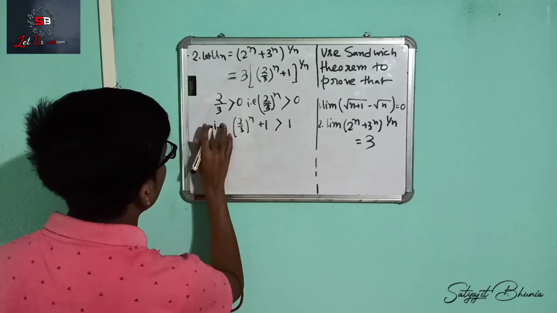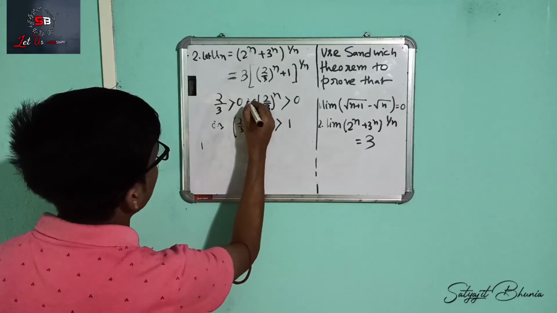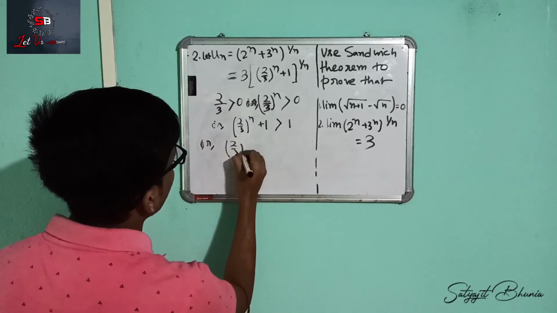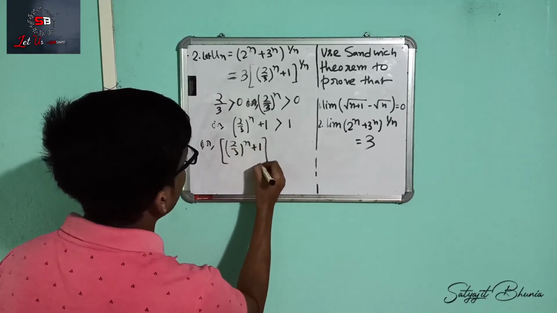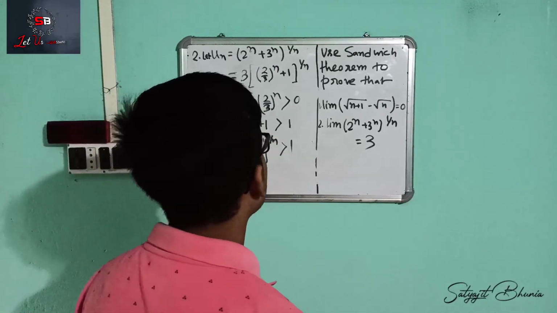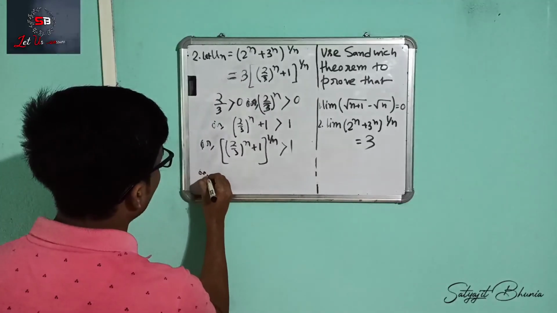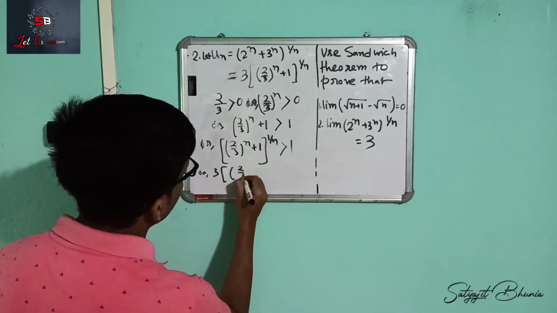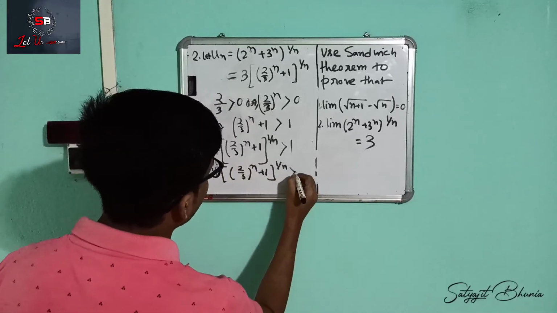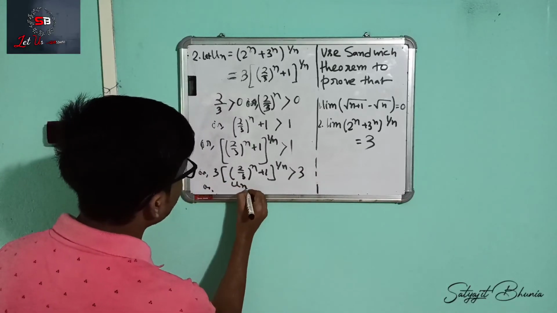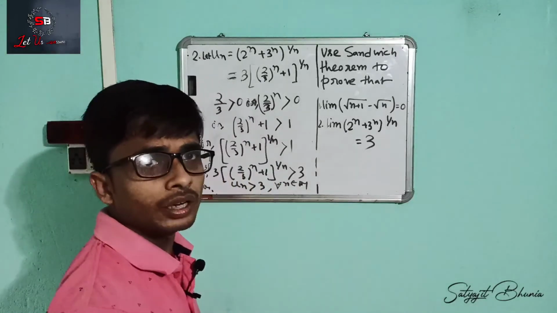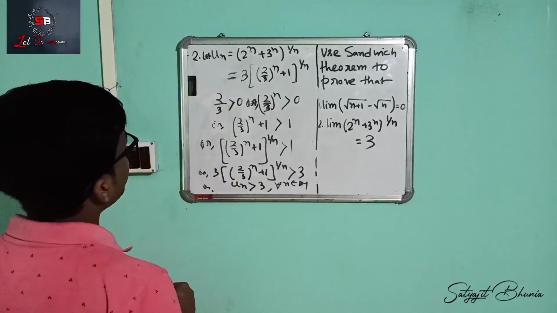Or (2 by 3 whole to the power n plus 1) whole to the power 1 by n is greater than 1, or 3 into (2 by 3 whole to the power n plus 1) whole to the power 1 by n is greater than 3, or un is greater than 3 for all n belongs to capital N. Okay, no problem.